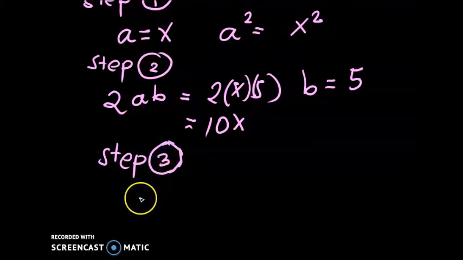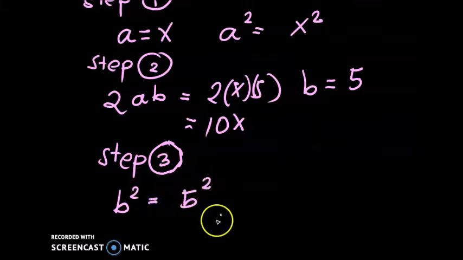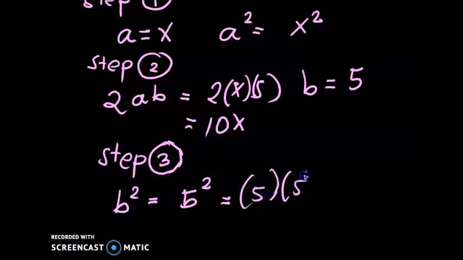And step number 3, we have to get the square of our second term, or b squared. So the square of b is 5 squared, which is equal to 5 times 5. What will be the answer? This will be equal to 25.